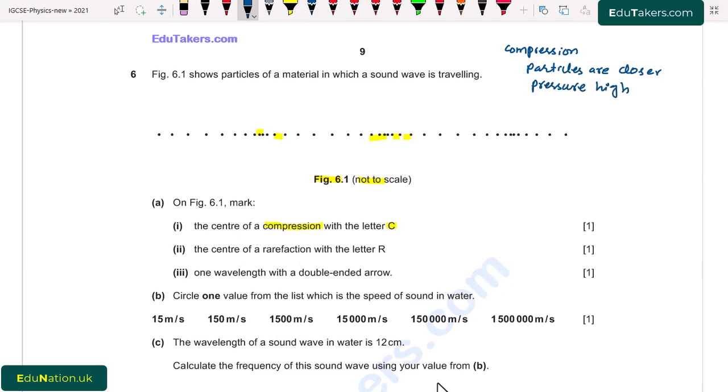While rarefactions are those portions where the particles are far away from each other and the pressure is very low.